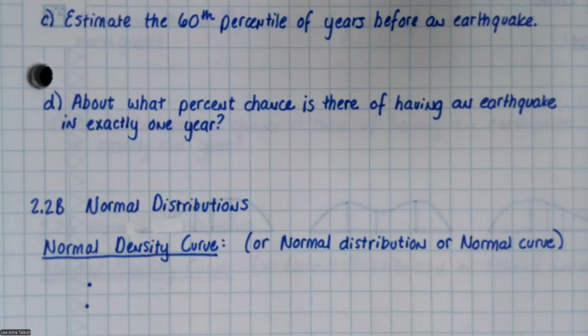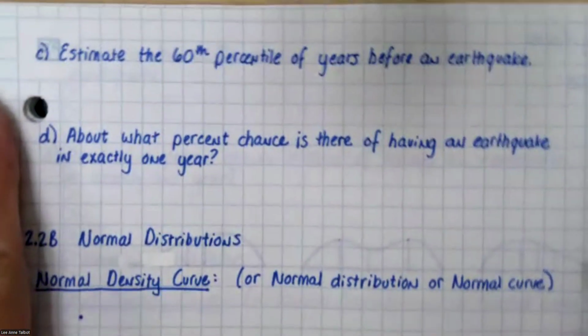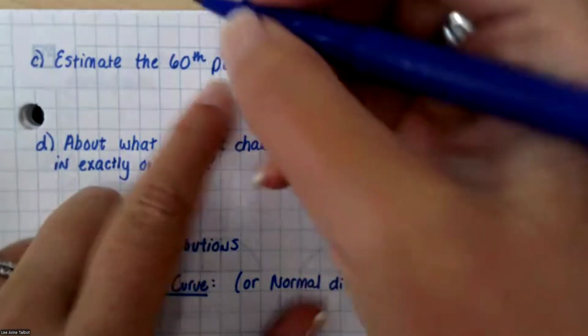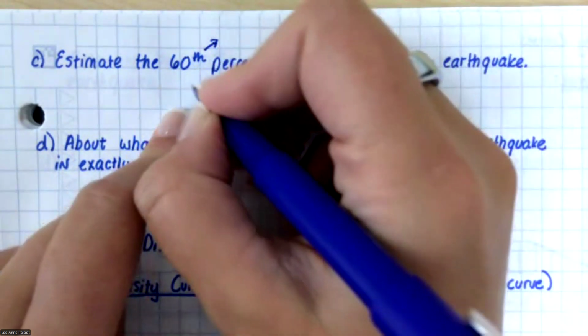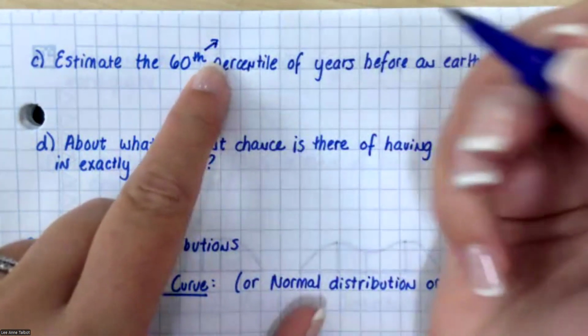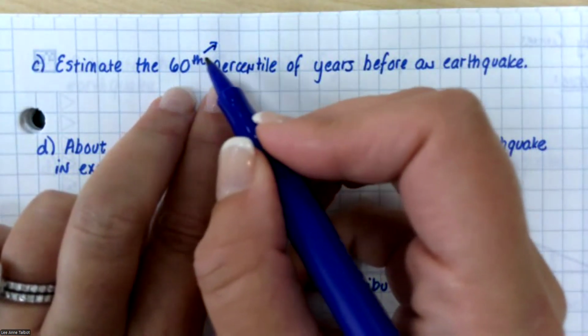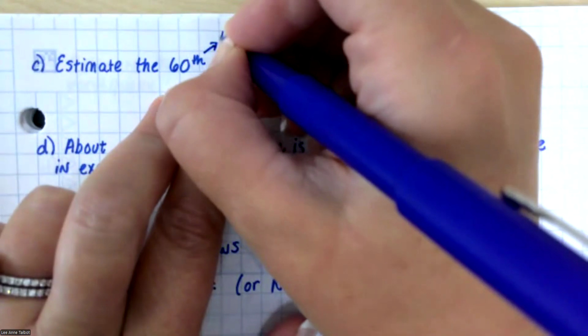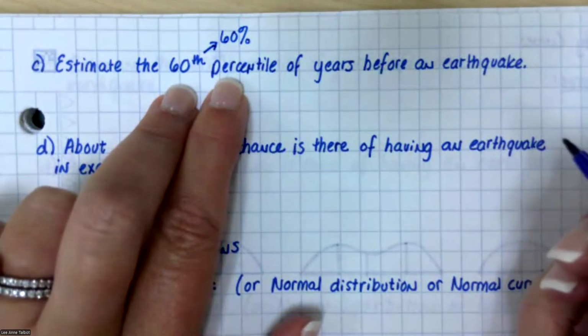Okay, guys, let's finish this up. This is super easy. Estimate the 60th percentile of years before an earthquake. If you have room right here, I want you to read these two words, 60th percentile, and interpret that in your brain as 60%.